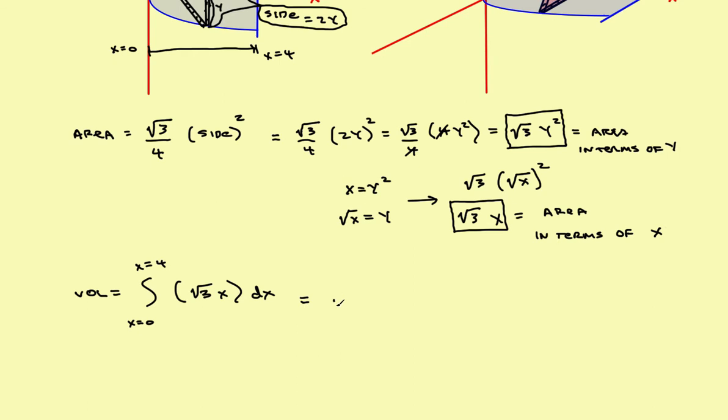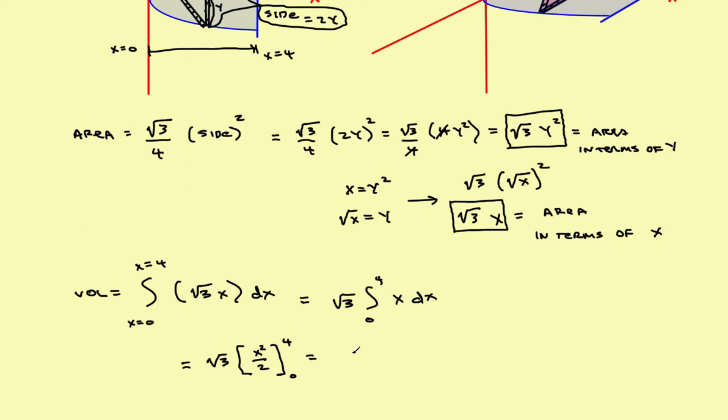So we'll go ahead and move the square root of 3 outside the integral sign. You're going to go from 0 to 4 of x dx. So x dx. And we'll go ahead and put that down here then. That's going to be the square root of 3. And this will change into x squared divided by 2 when you take the antiderivative. It goes from 0 to 4.